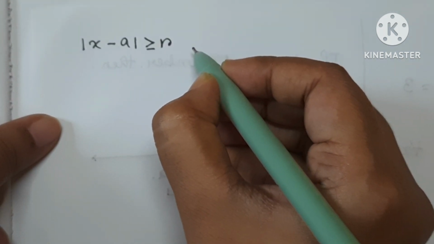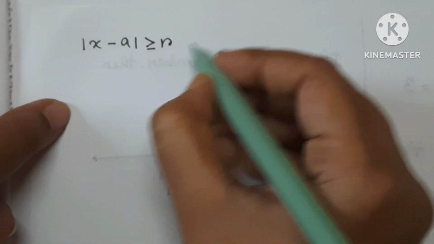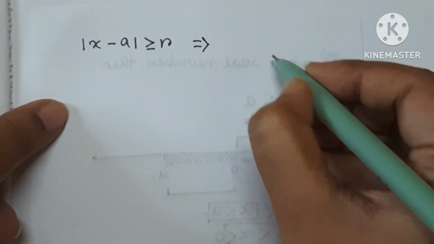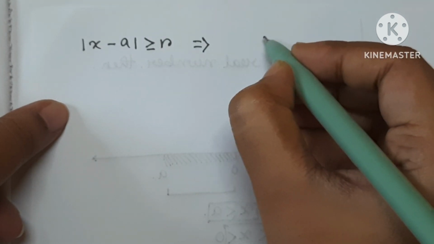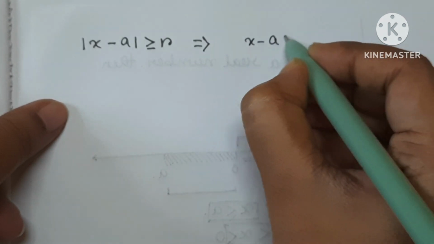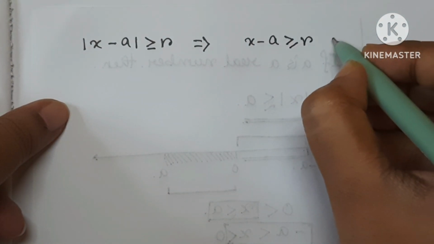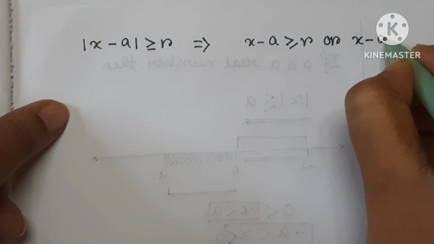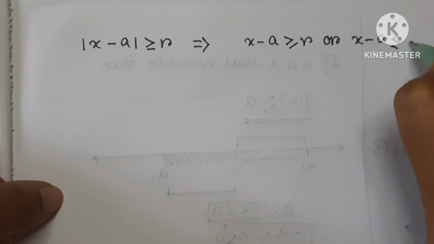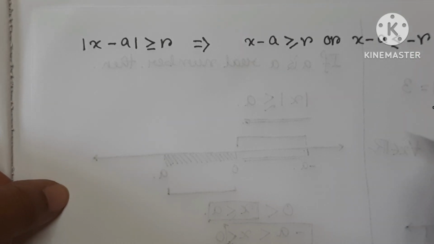Okay, what does it mean? See, that means x minus a is greater than or equal to r, or x minus a is less than or equal to minus r.